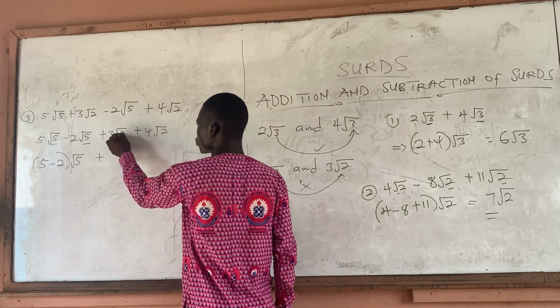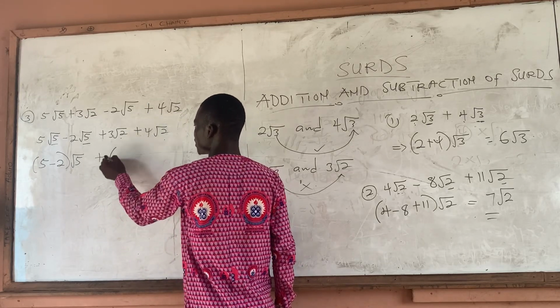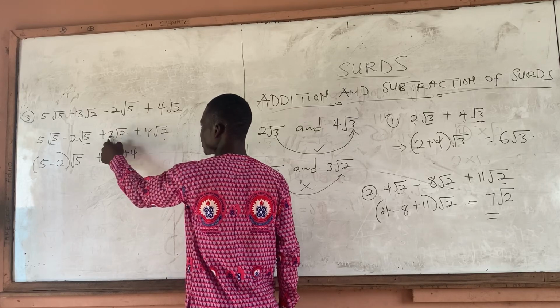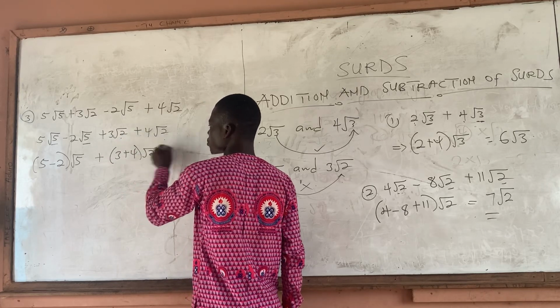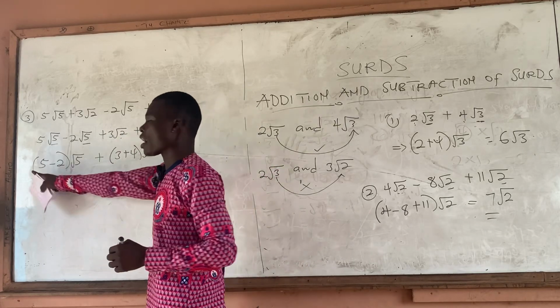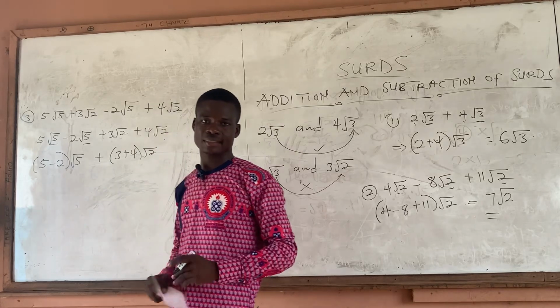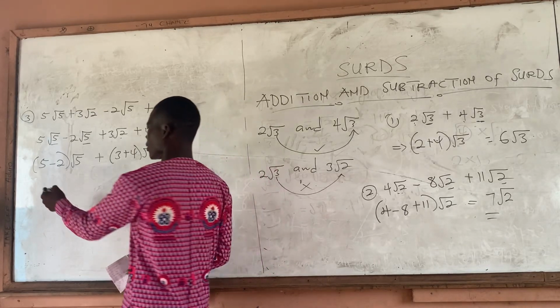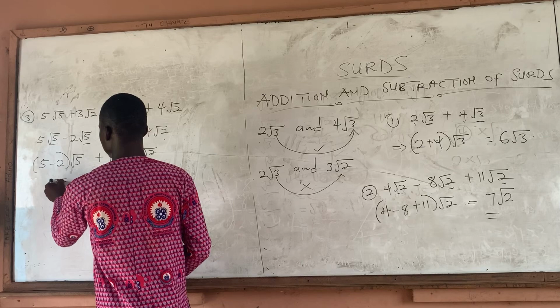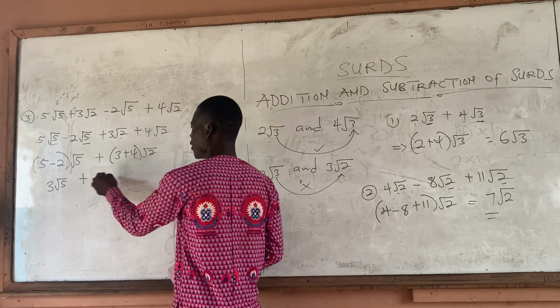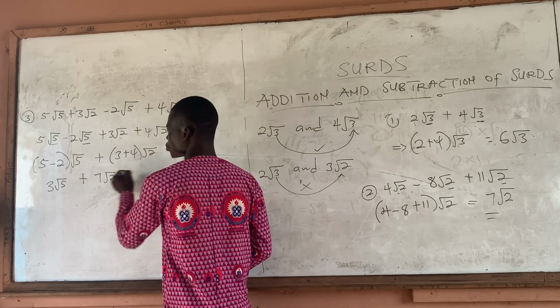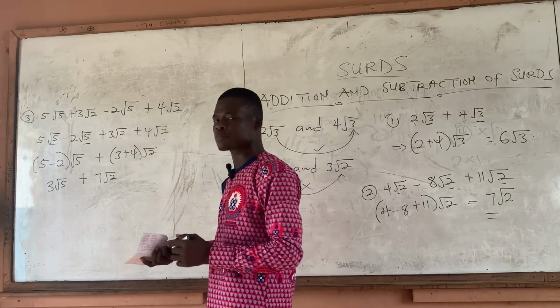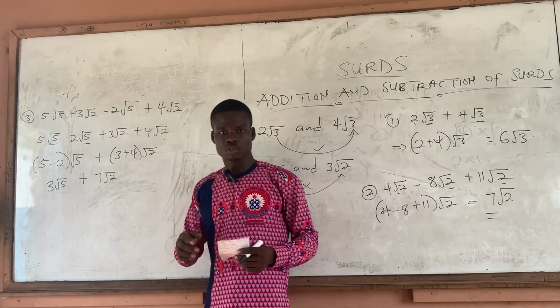Root 2 terms are the same, so add their constants, 3 and 4, and choose one of the roots. Now 5 minus 2 is 3 root 5, plus 3 plus 4 is 7 root 2.